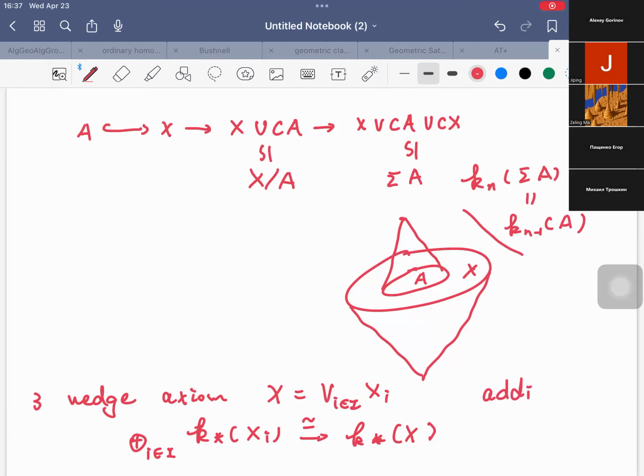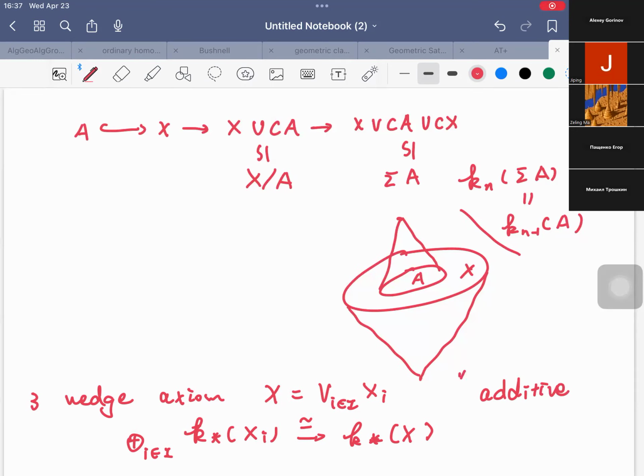If a homology theory satisfies this, it is called additive. Okay, but here I will use this.